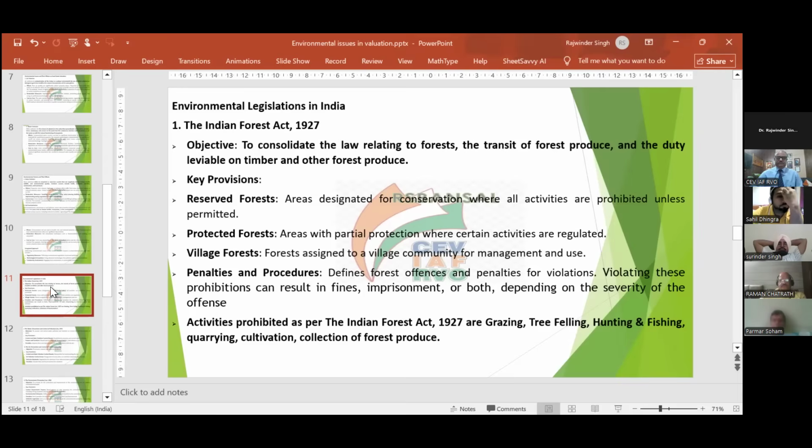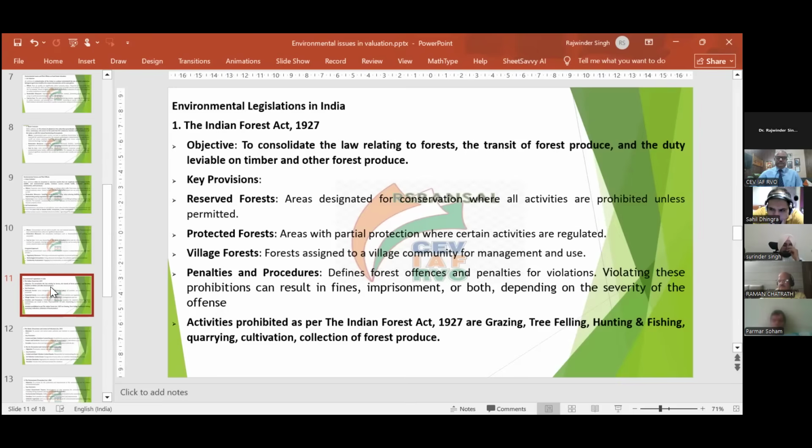So there is a difference between them. In reserved forest, all types of activities are prohibited unless permitted. In protected forest, areas have partial protection where certain activities are regulated. And the third type is village forest. These forests are assigned to the village community for management and use.